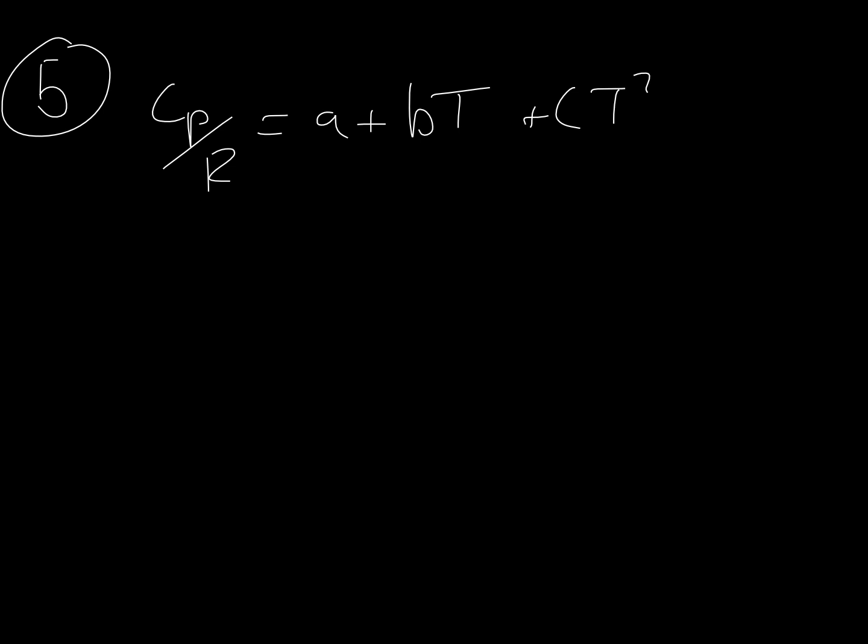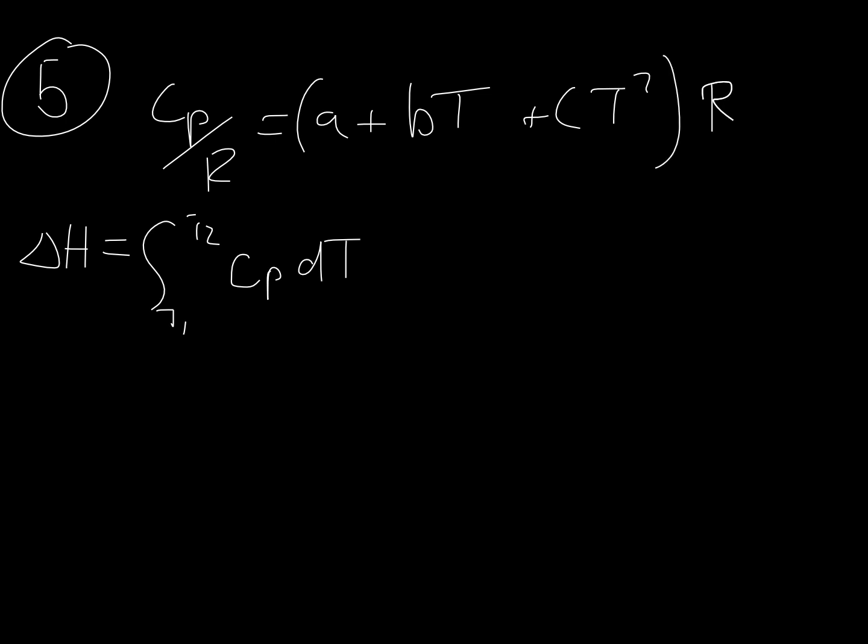So if you're going to calculate a delta H equal to the integral from T1 to T2 of C sub P dT, just do a little rearranging here. So now we have an expression for the heat capacity as a function of temperature.